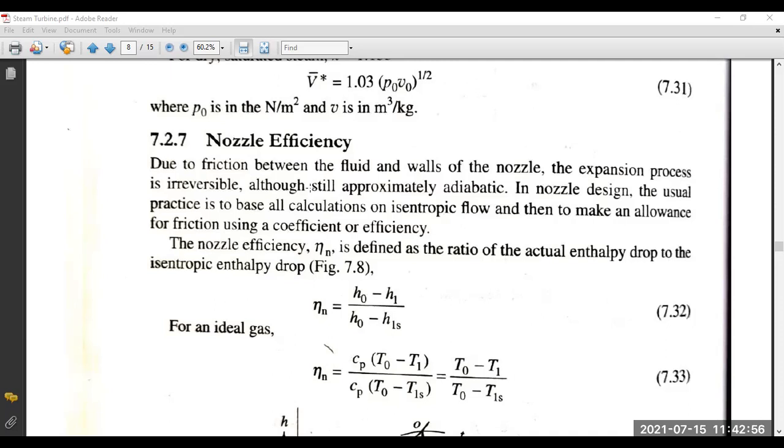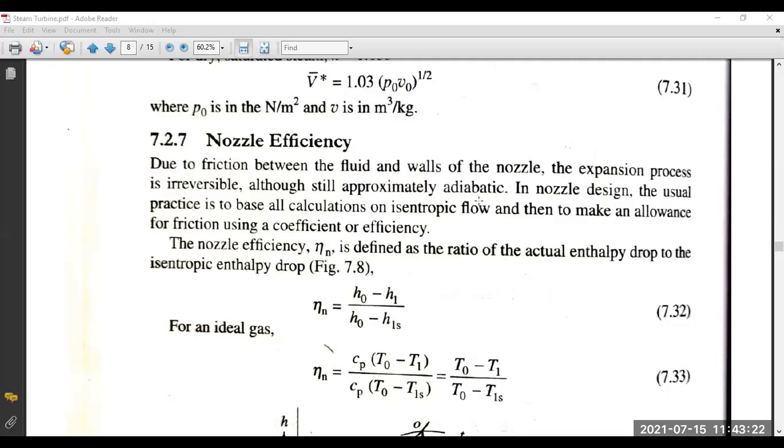In nozzle design, the usual practice is to base all calculations on isentropic flow, and then to make an allowance for friction or use a coefficient or efficiency.